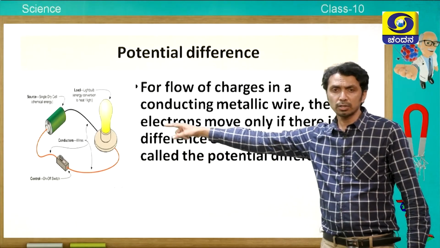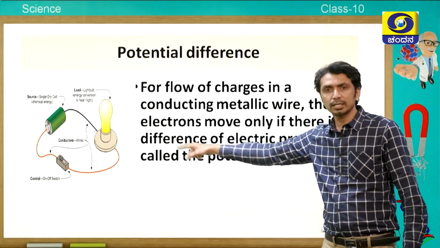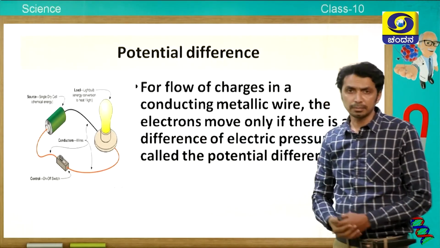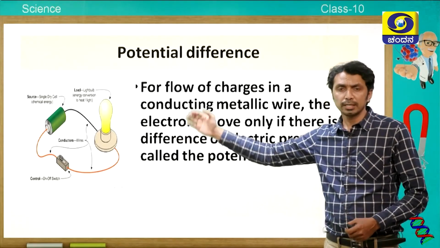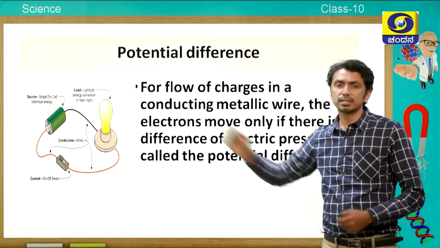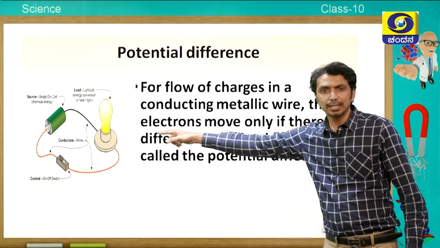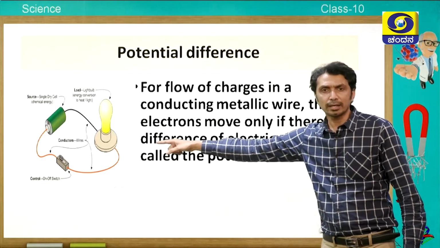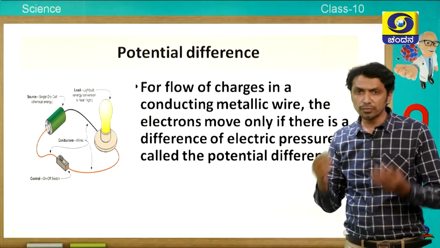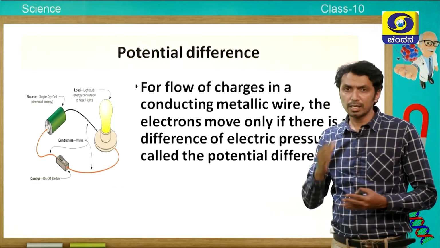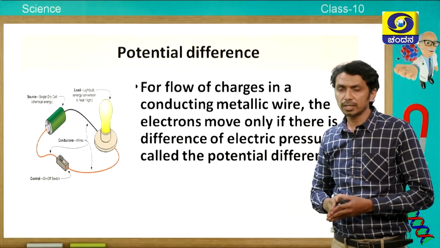In order for the electric current to flow through the circuit, we have that electric cell, which provides the potential difference needed for the flow of electrons. Already the electrons are present in the wire, but those free electrons won't move in one particular specific direction.